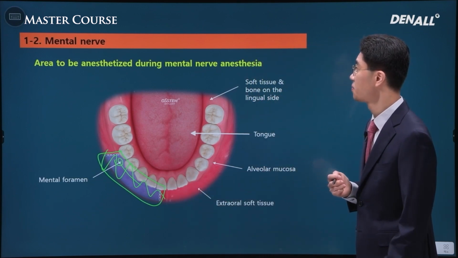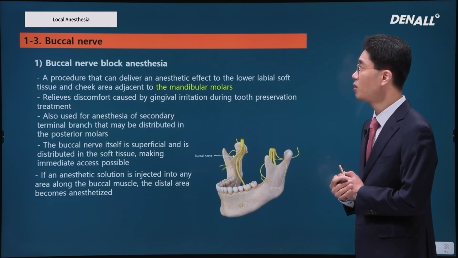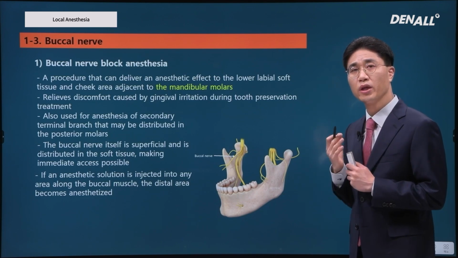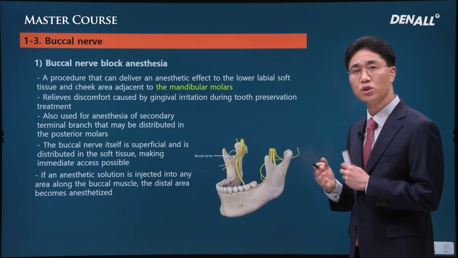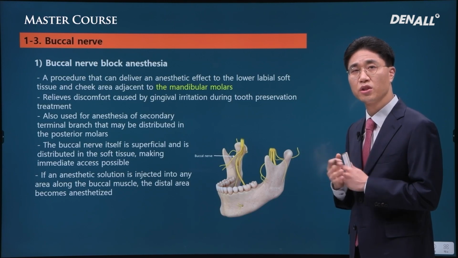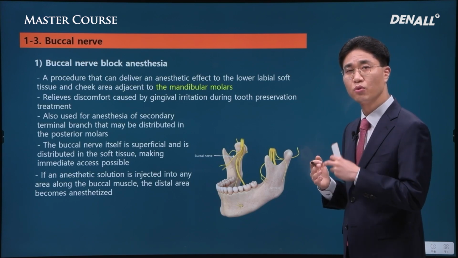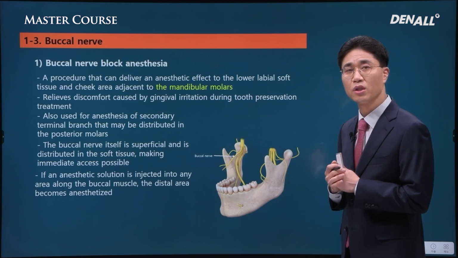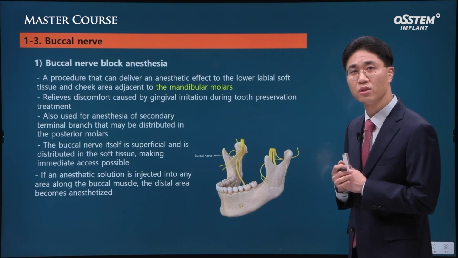Let's look at buccal nerve. I've mentioned this earlier. When we perform treatment in the mandible, the most prominent block anesthesia is performed on inferior alveolar nerve. On the buccal side and distal side of the molar area in the lower, it cannot be anesthetized with just inferior alveolar nerve block anesthesia.